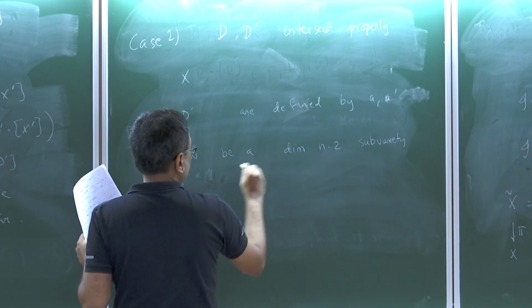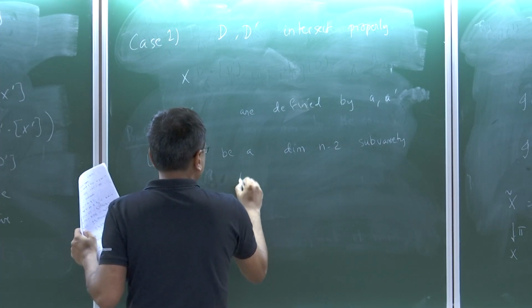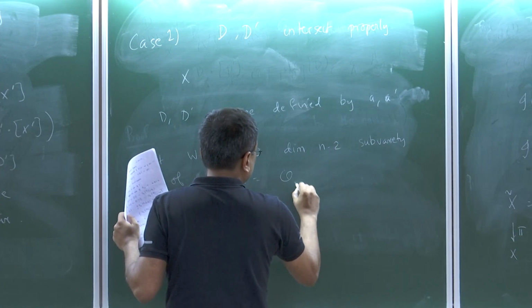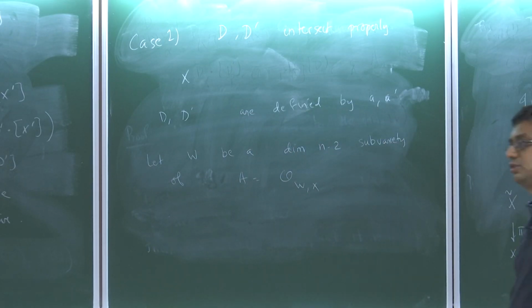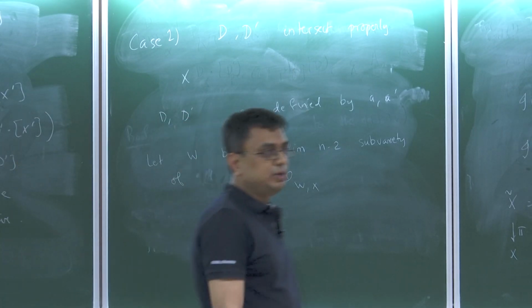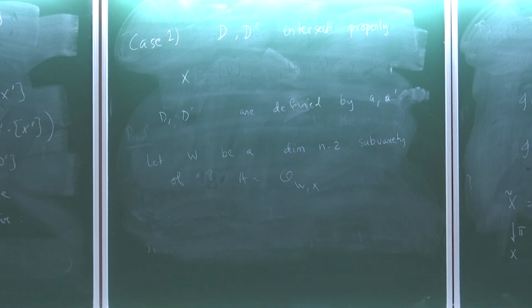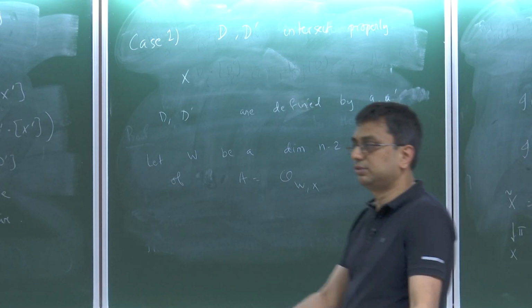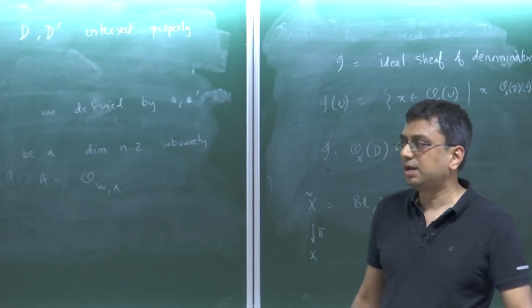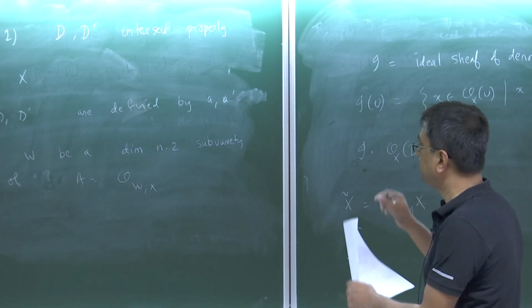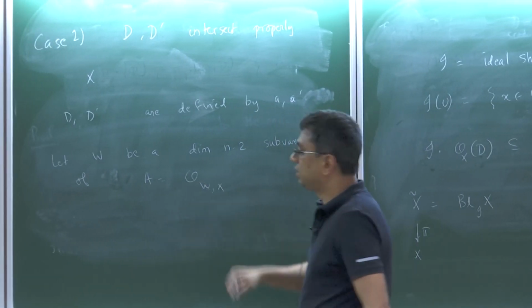And now for a subvariety W, let A be equal to the local ring of W at X, because I want to look at the coefficients of this intersection at W. If I show that the coefficients are the same for any dimension n minus 2 subvarieties, then they will be equal, right? Because after all, it is a summation over all n minus 2 dimensional varieties with coefficients. I have to show the coefficients are equal. I'll show this for one n minus 2 dimensional subvariety at a time. So let A be this local ring.